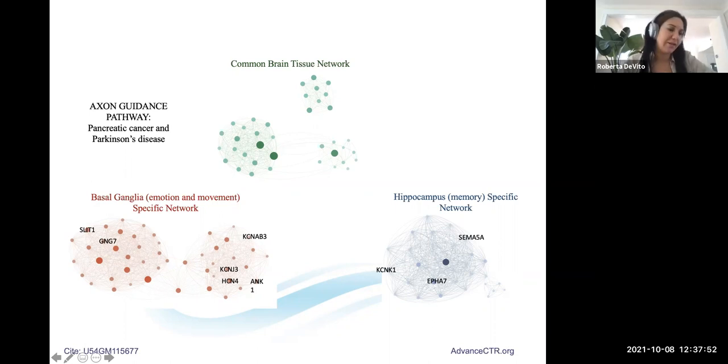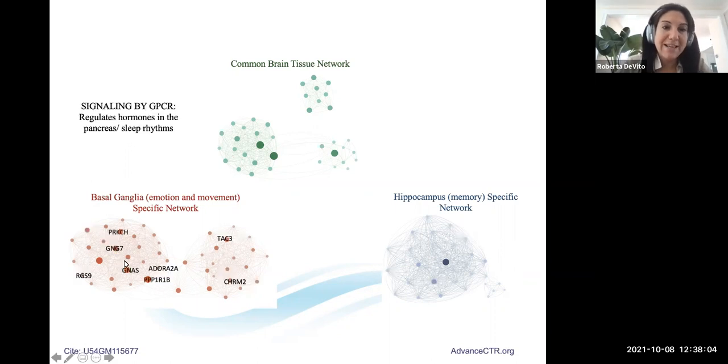But of course, these two regions also have their own biological pathways connected. For example, the basal ganglia is enriched with signaling by GPCR.